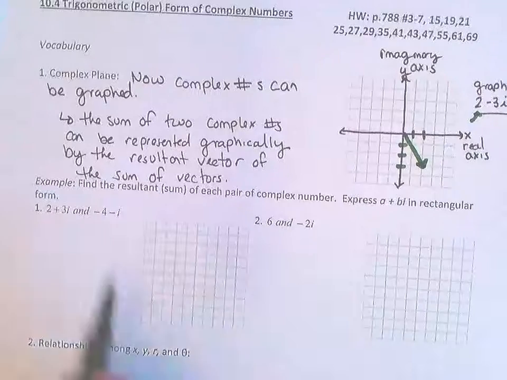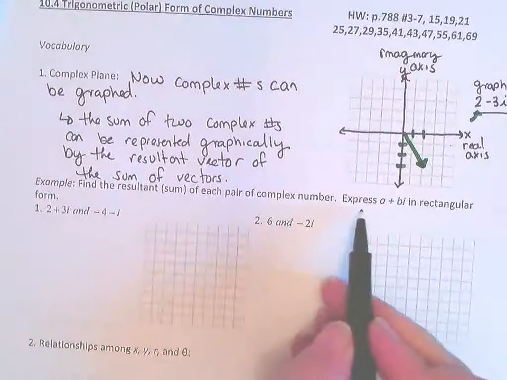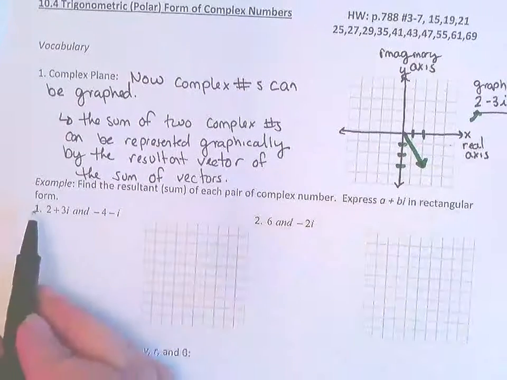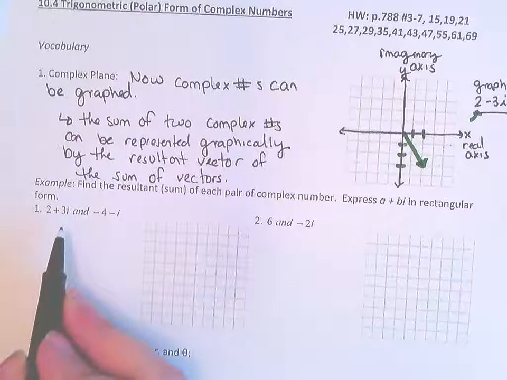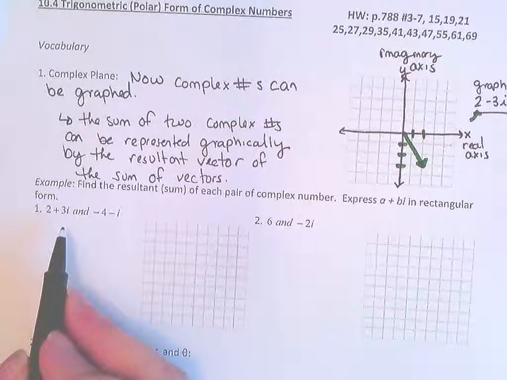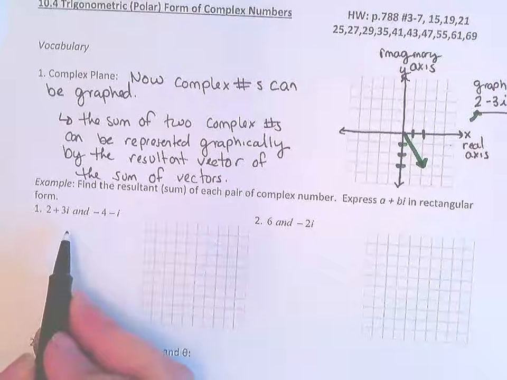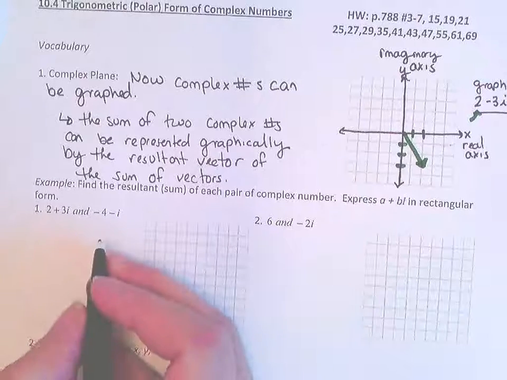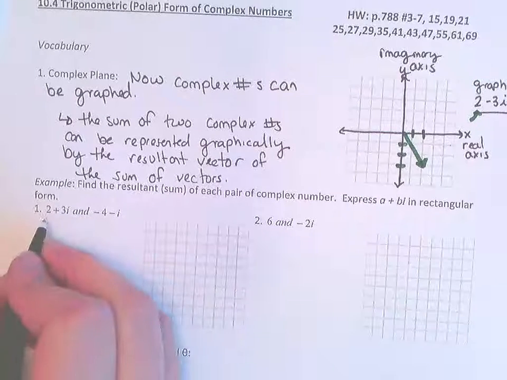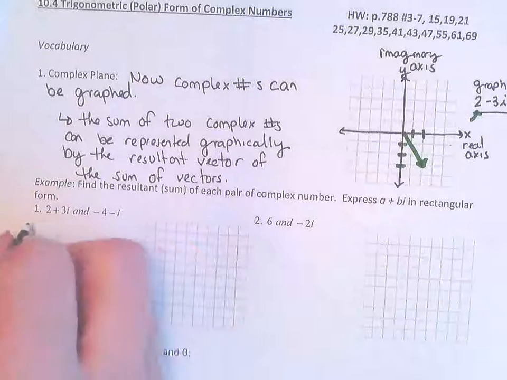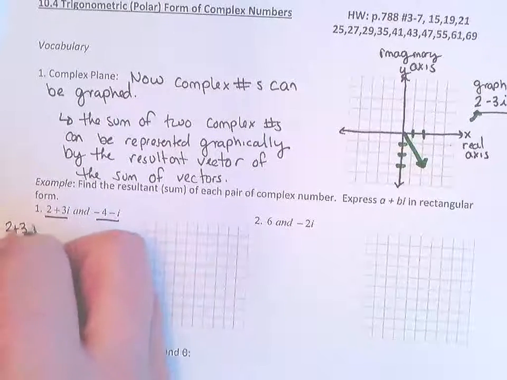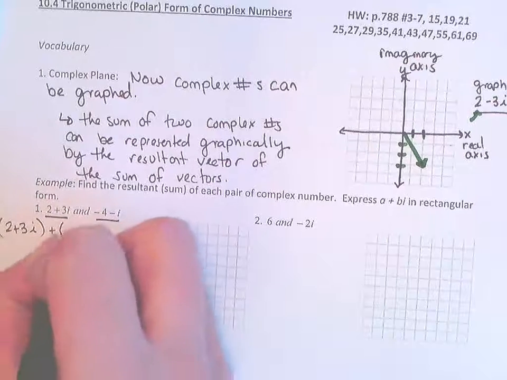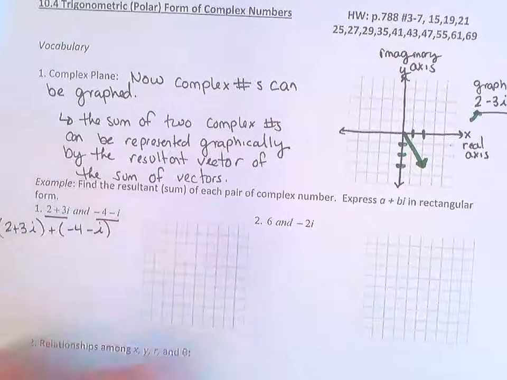So, first example. Find the resultant sum of each pair of complex numbers. Express a plus bi in the rectangular form. Basically right now we want to find the resultant sum, so all we're doing is adding these two. It's 2 plus 3i plus negative 4 minus i.